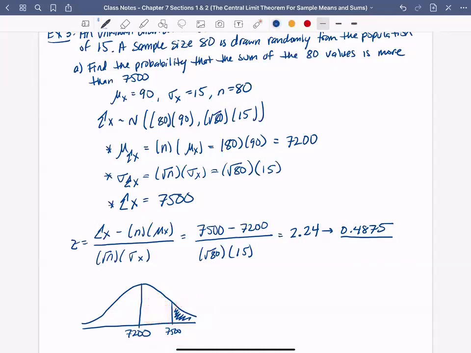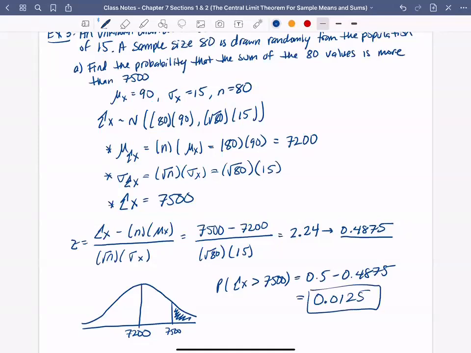So we're going to say that the probability that it's more than 7,500 is 0.5 minus 0.4875. That gives us 0.0125. This is the probability that the sum of the 80 values is more than 7,500.